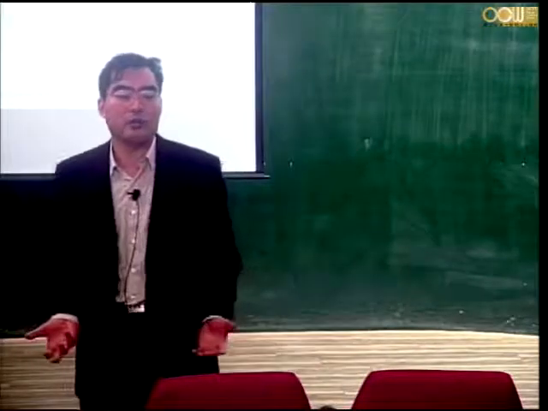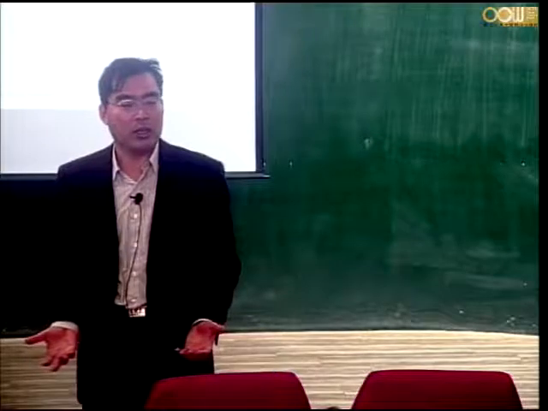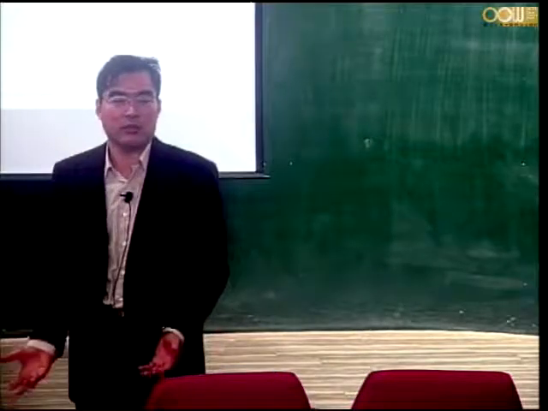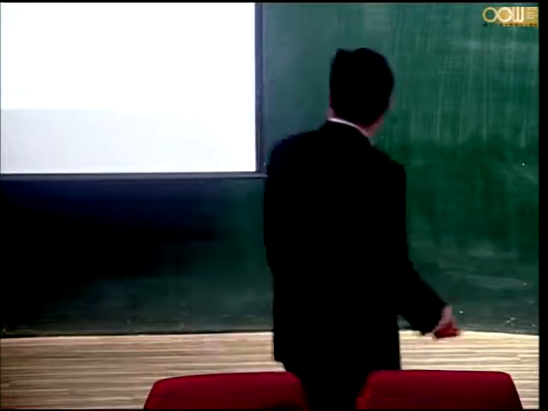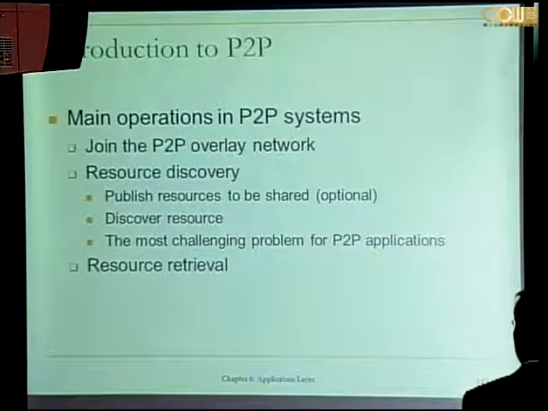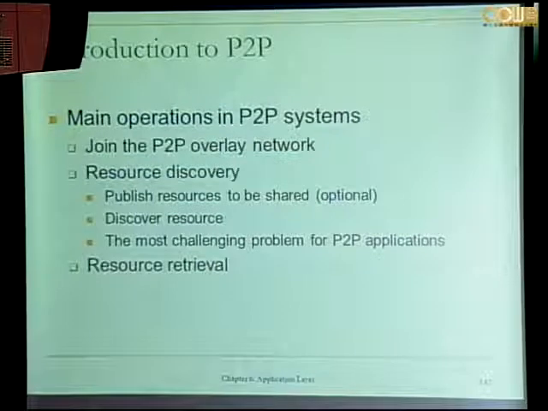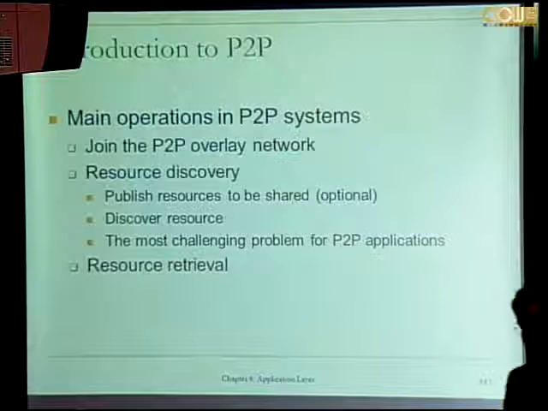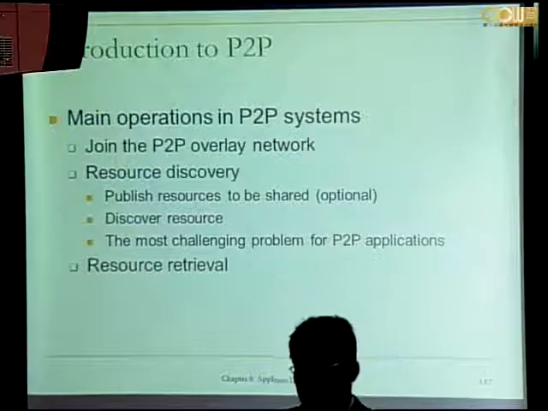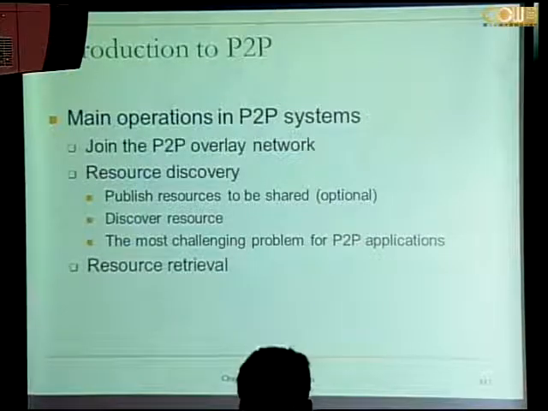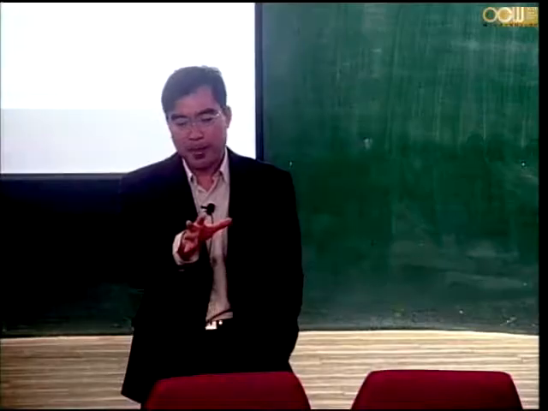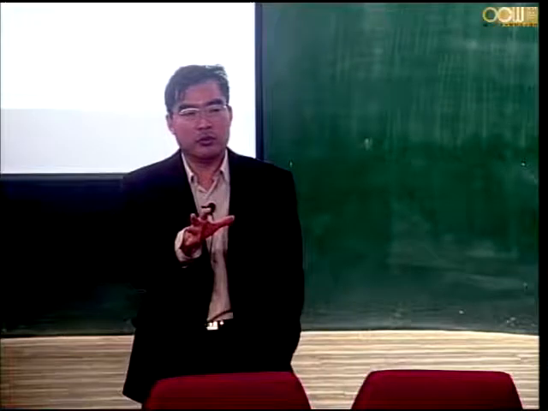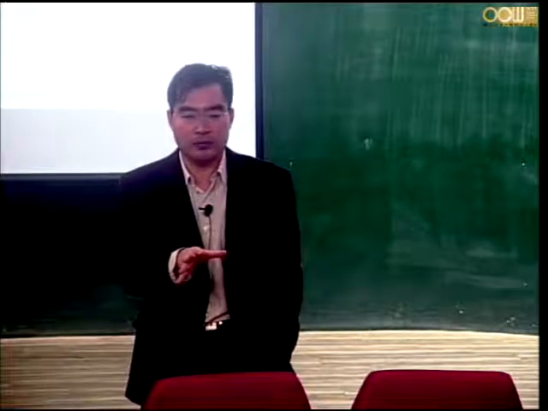Then how do you make your content visible? It's unlikely through a search engine. It's not like servers. So how? There are several methods, but the biggest problem with P2P, where the clients are providing content, is knowing who has what.